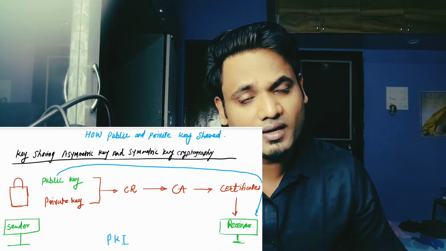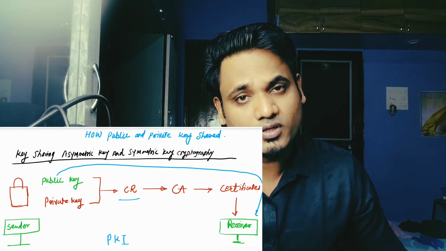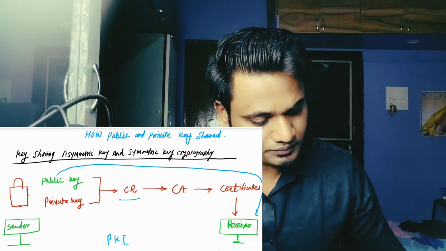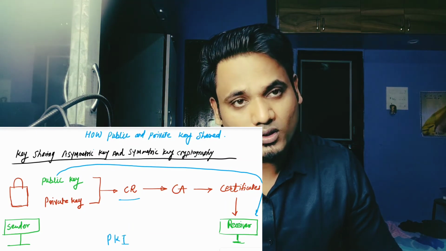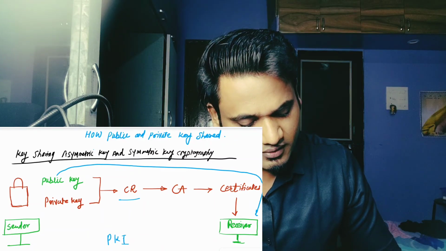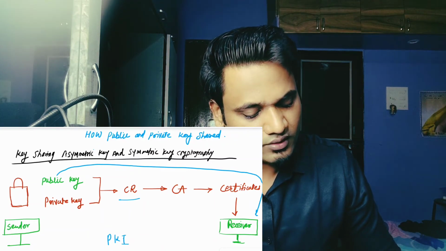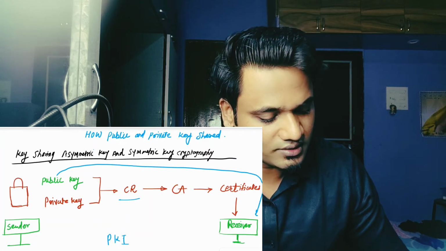So what is the procedure in PKI? The PKI environment is designed to send the public key to the receiver. Let's see how. What are the steps involved? You will see the certificate request, you will see the certificate authority, you will see certificates.